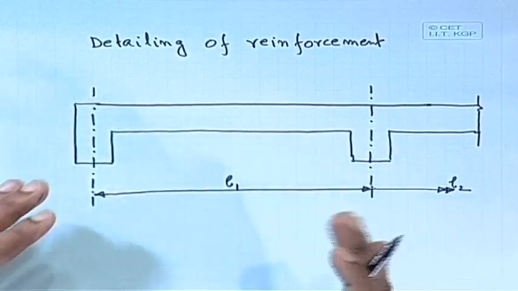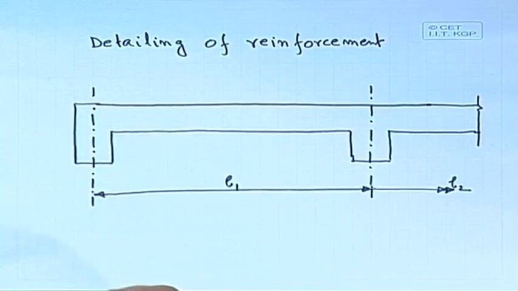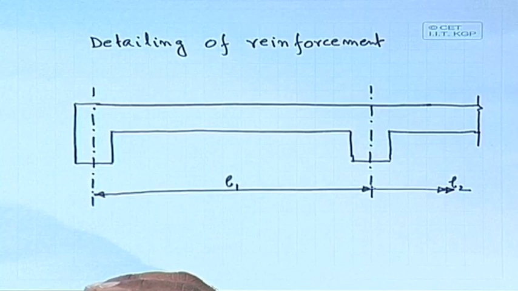This detailing is another very, very important aspect of structural design. You can design it, you can provide the reinforcement, but the proper placement of the reinforcement is very, very important.